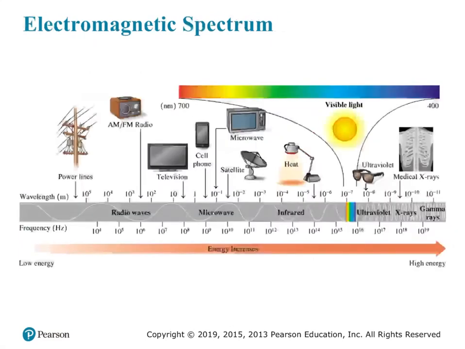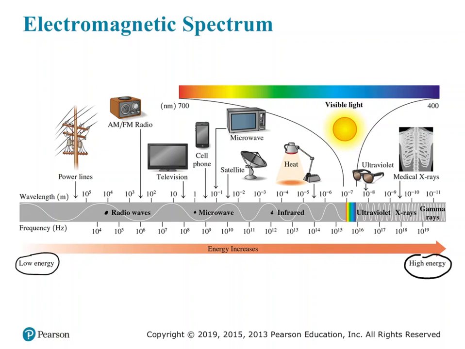All right. So this is our electromagnetic spectrum, and we have low energy waves on the left and high energy waves on the right. So again, there are different types of electromagnetic radiation. We have radio waves, which are lower in energy. We have microwaves, which are also low in energy.